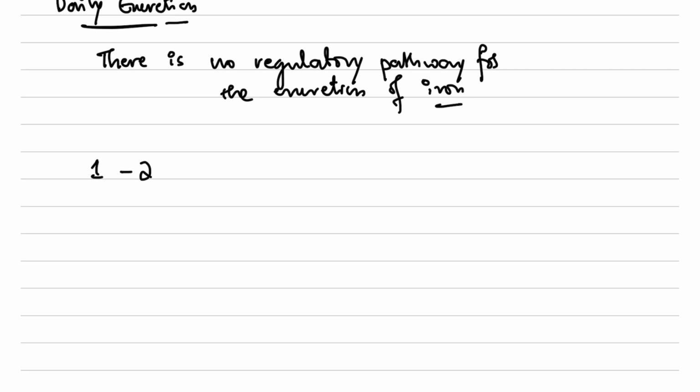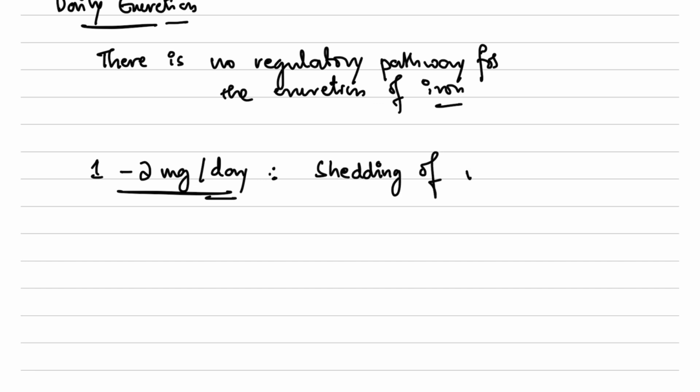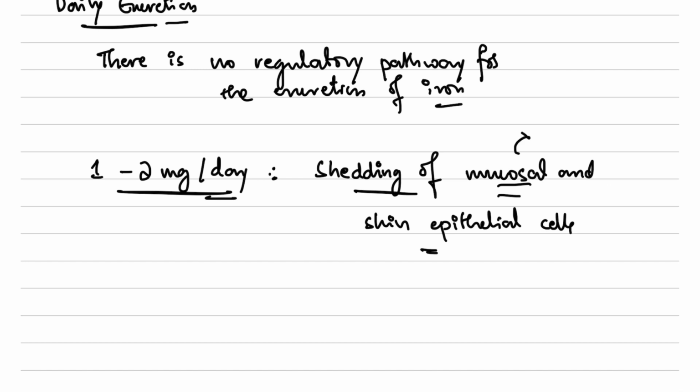It's only 1 to 2 mg per day. This occurs through the shedding of mucosal and skin epithelial cells. Which mucosal cells? Nothing but the intestinal mucosa, that is, the duodenal mucosa. This is how the shedding occurs.